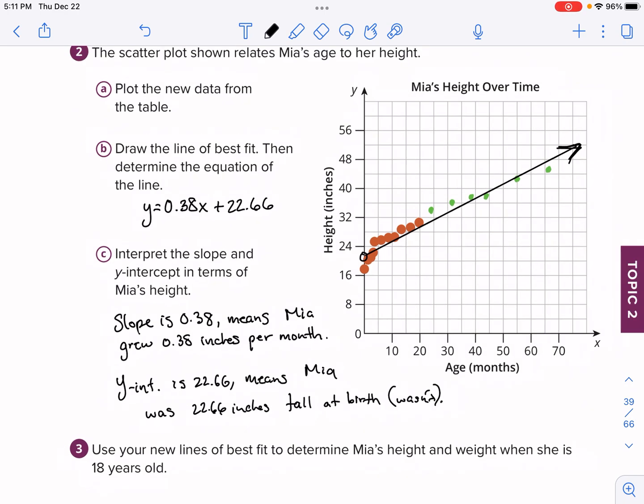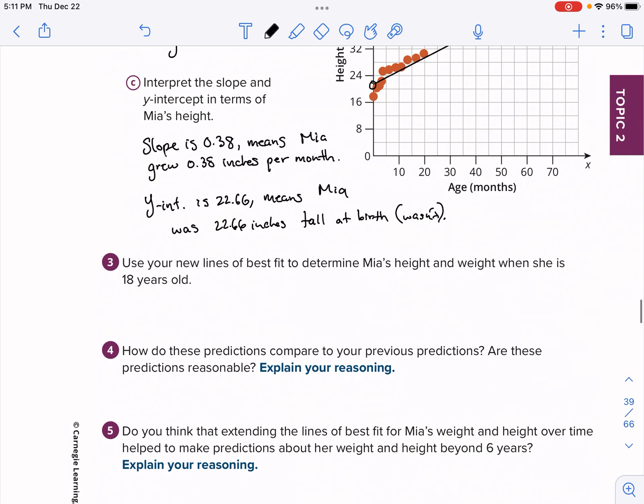So for number 3, use the new lines of best fit to determine 2 things, Mia's height and weight when she turns 18 years old. And 18 years old, that is 216 months. Okay. All right, so let's put in the equation for height, that was y equal to 0.38 times 216 plus 22.66 hundredths.